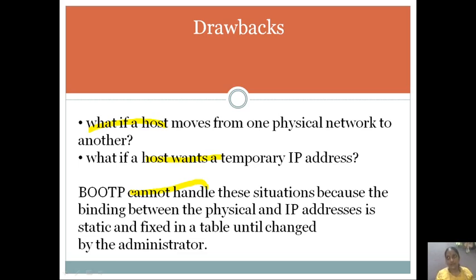Static means all the addresses are stored manually in a table. Until changed by the administrator, the table doesn't change. So if a host moves or needs a temporary address, Bootstrap cannot handle these two situations.